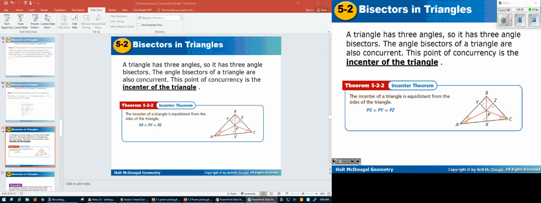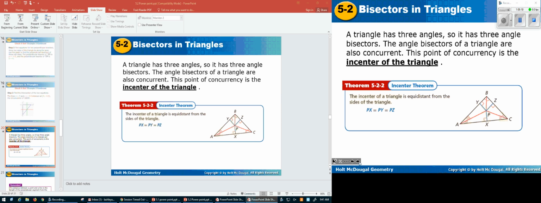If we draw a triangle, so right now on your paper, draw yourself a triangle. Estimate where you think the angle bisectors would be. So just draw a line going through the angle that would split each angle into two congruent parts. Do that on every angle, but keep in mind that if you really do this correctly with a protractor or with a compass, depending on whether you measured it and split it or you did it with a compass and constructed it, you should have them intersect at the same point.